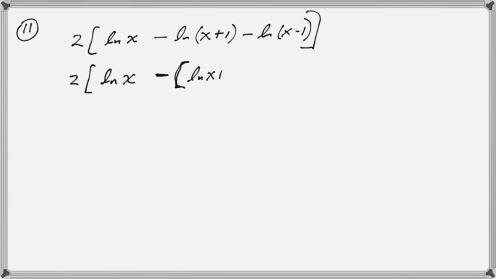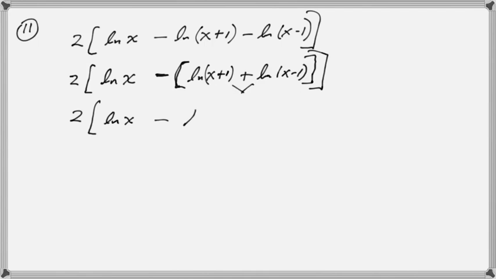Natural log of x plus 1 plus natural log of x minus 1. Now, you have natural log of x minus, these are added, so that means you multiply them. Does anybody know x plus 1 times x minus 1? Difference of squares? X squared minus 1.